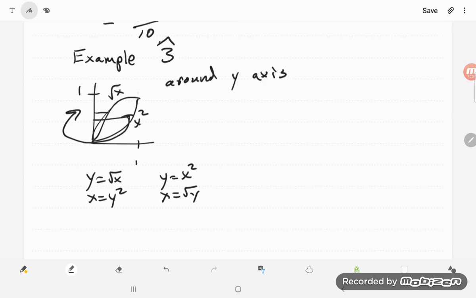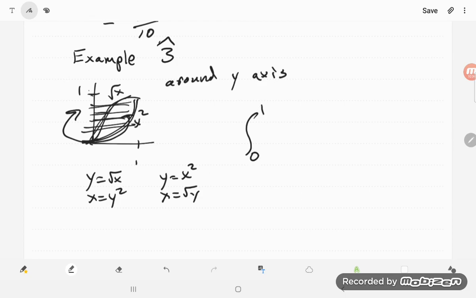So this is interesting that this particular shape, if we think of making a bowl by rotating around the y-axis or making a bowl by rotating around the x-axis, it turns out we get the same thing, because again, as we slice by the y, we go from 0 to 1.